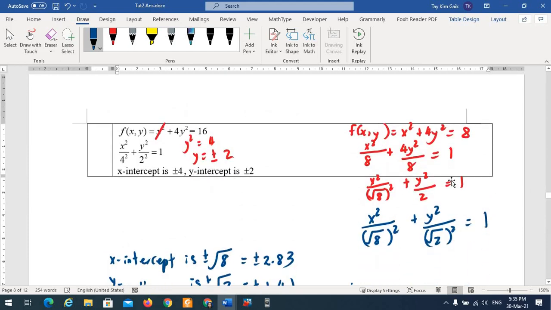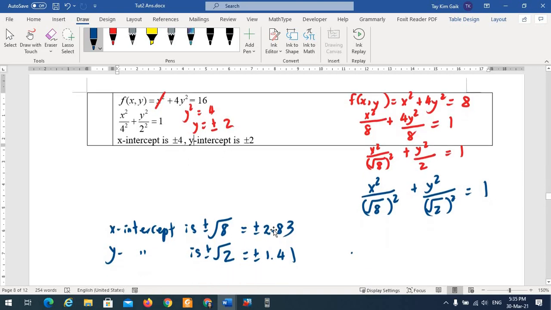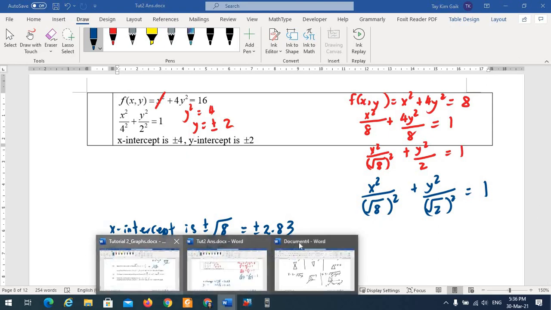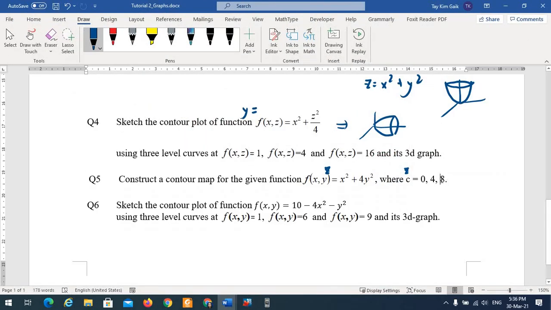If I put 8, then I see the X-intercept is not nice, not an integer number. So I don't like it. I change it to 16. So I get nicer X-intercept and Y-intercept in integer numbers. So actually you can have any value, it doesn't matter. But if the question gives you a value like this one, 8, then you just follow.